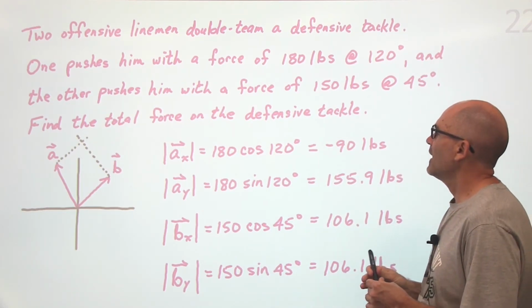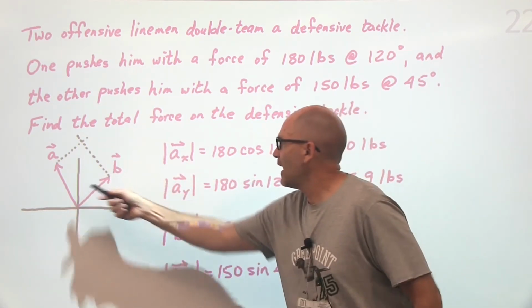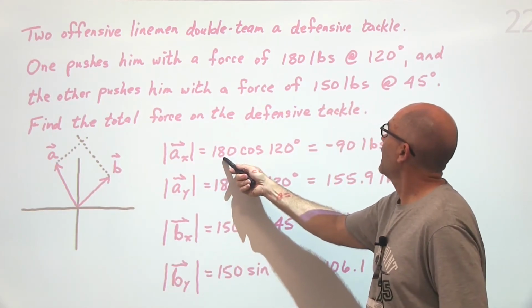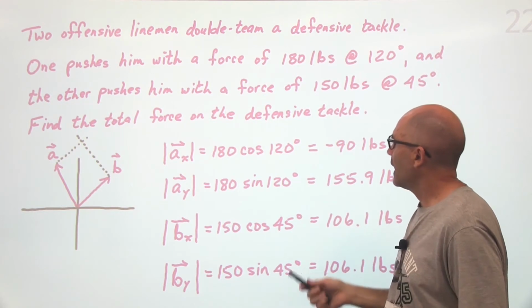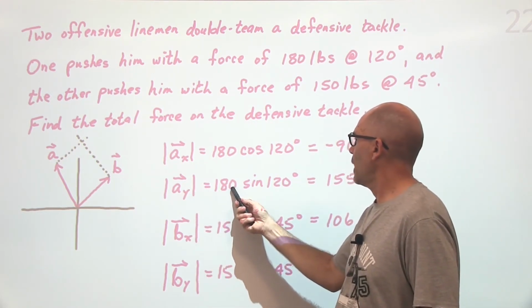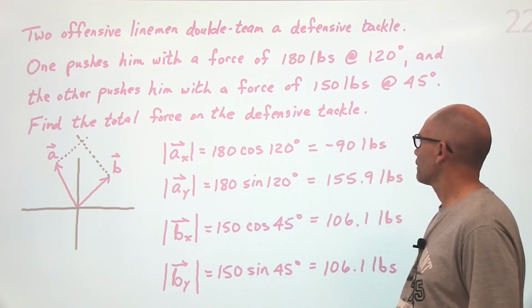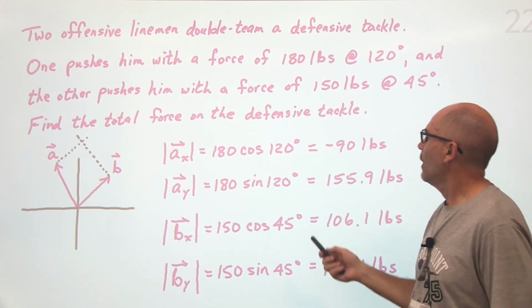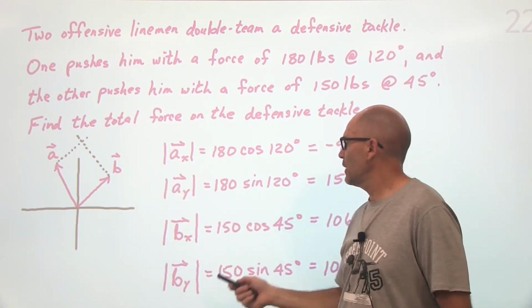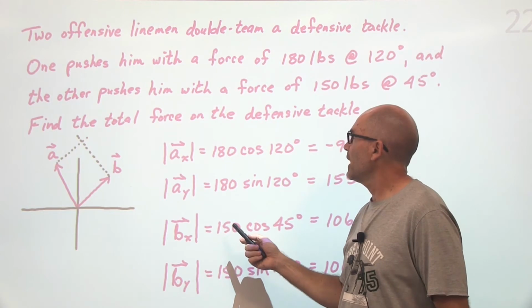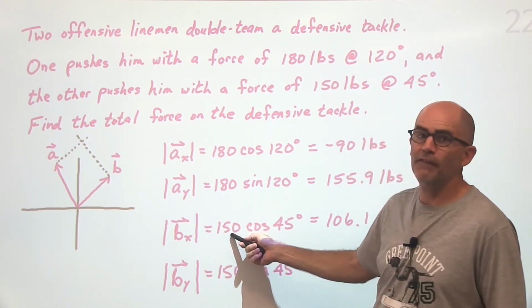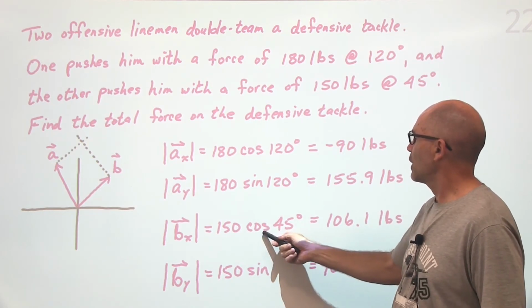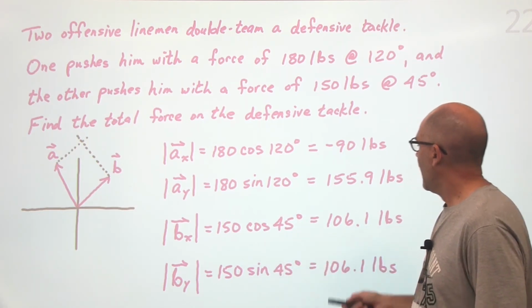All right, so the x component of A is going to be 180 times cosine of the angle. The y component of A is going to be 180 times sine of the angle. Now, I look at vector B and do the same thing. Vector B, this a little bit weaker guy, can only push 150 pounds times cosine of his angle.